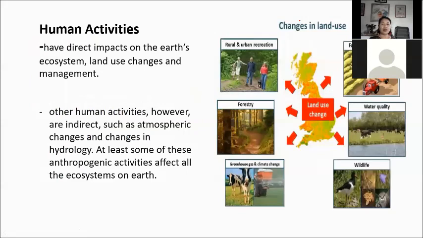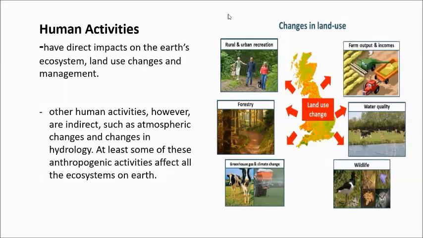Okay, so next, human activities. So, in the picture, we have changes in land use. We believe that human activities caused changes on the Earth's ecosystem.